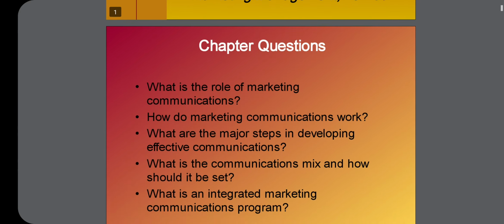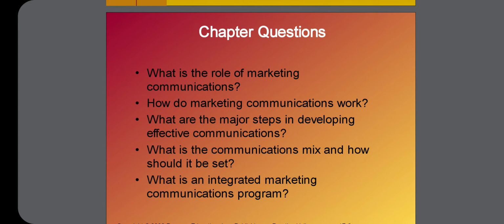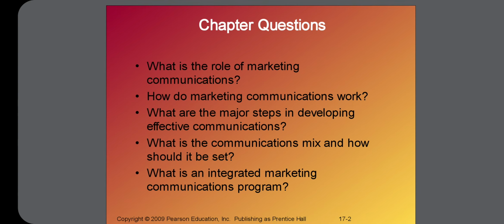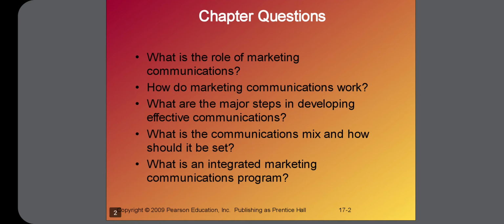So what are the different questions in the chapter that we will address? Okay, we have the following. What is the role of marketing communications? How do marketing communications work?